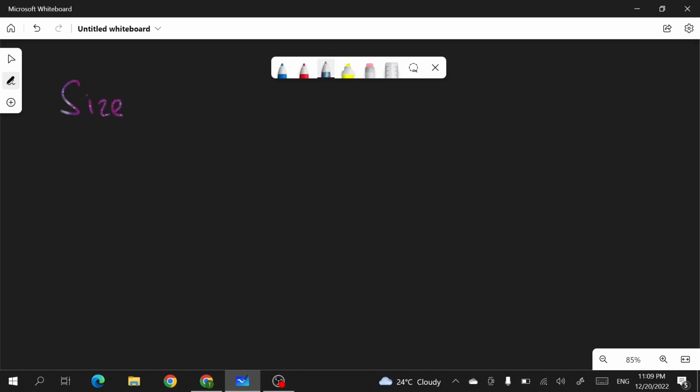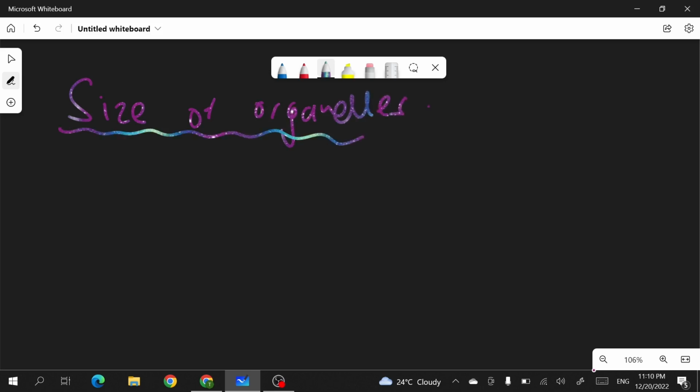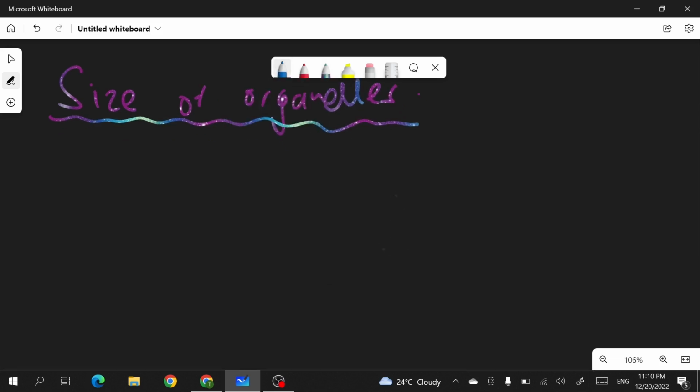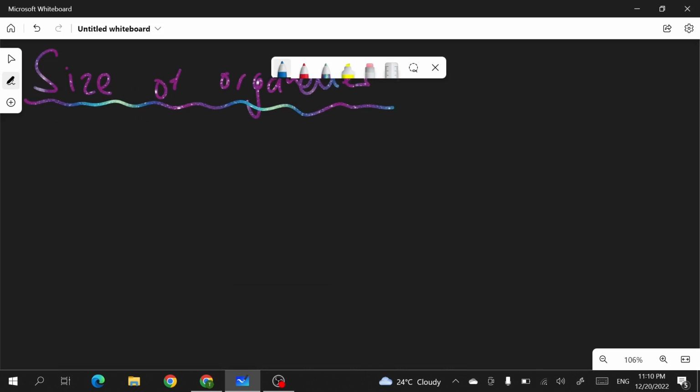Size of organelles. We first go with the nanometers.